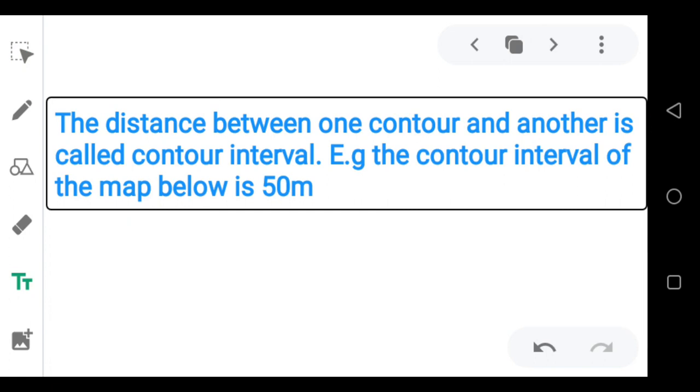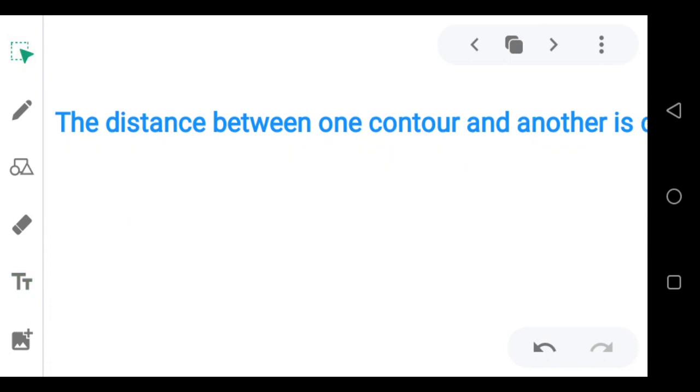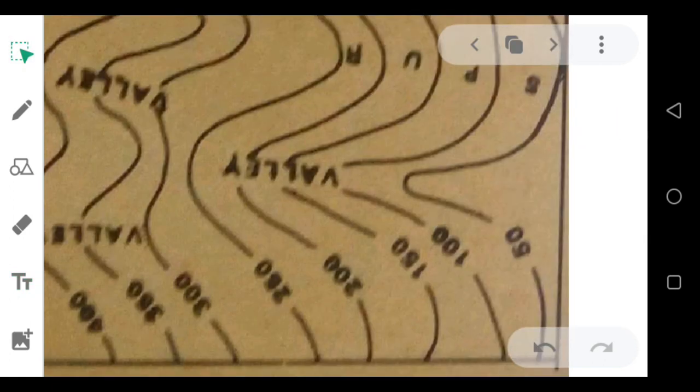For example, we are going to look at this map. The contour interval is 50 meters. Let's see the map. Can you see the lines following each other? The difference between two contours is the interval.